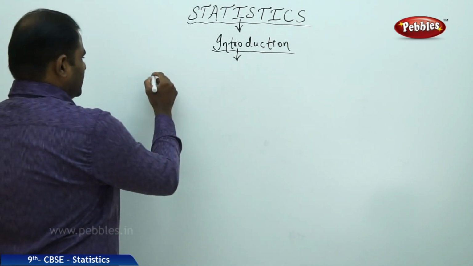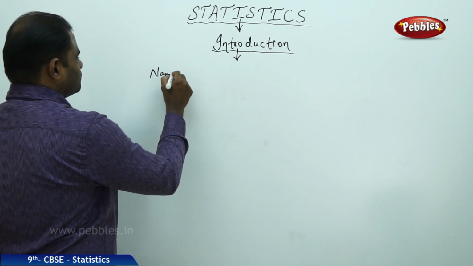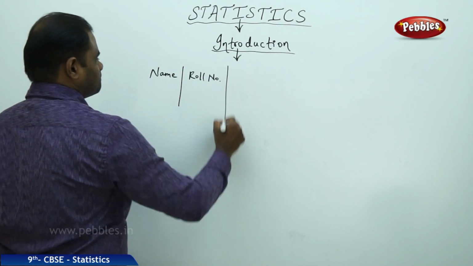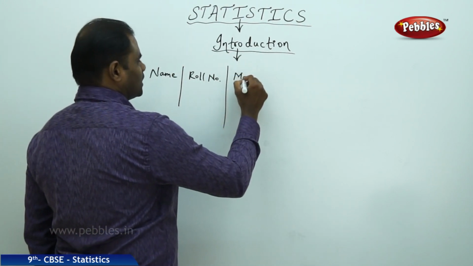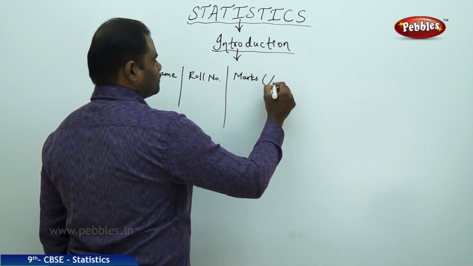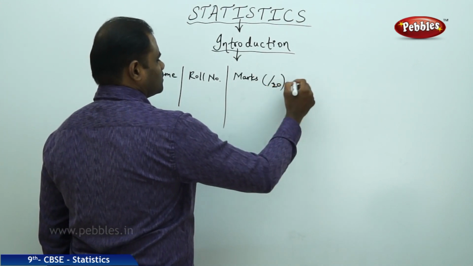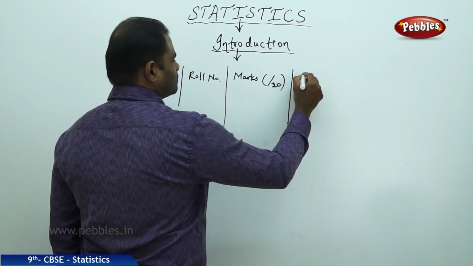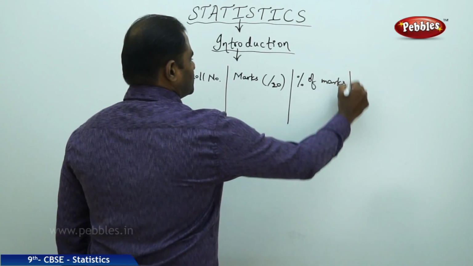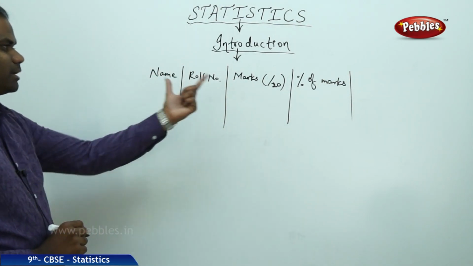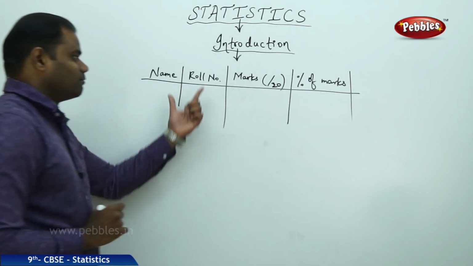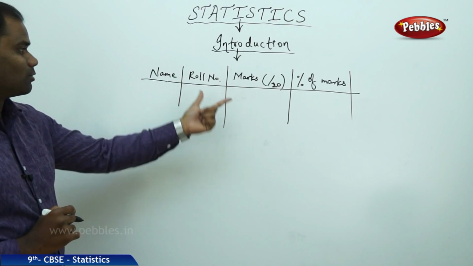For example, I have the name, the roll number, marks which are calculated out of 20 and then percentage of those marks. So imagine a teacher is trying to make the different statistics, the data of different collection of marks and their students' names and roll numbers.